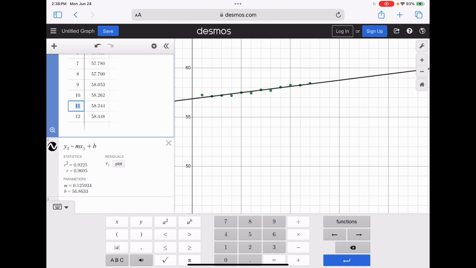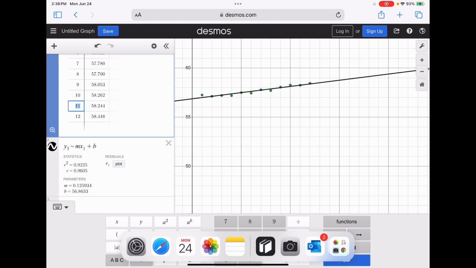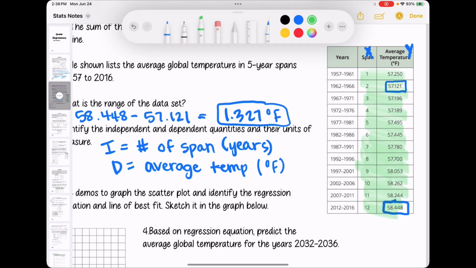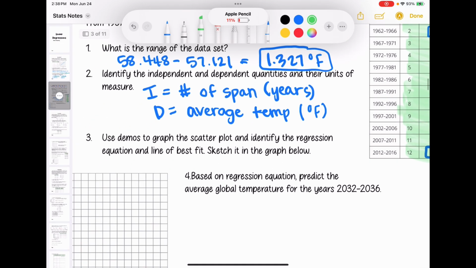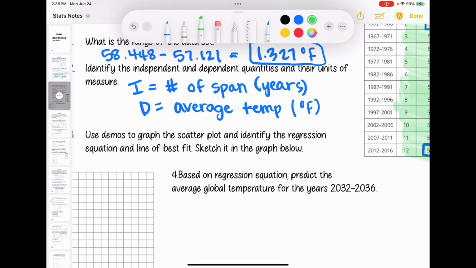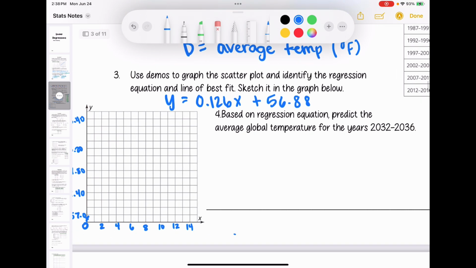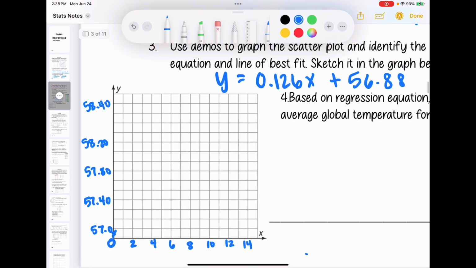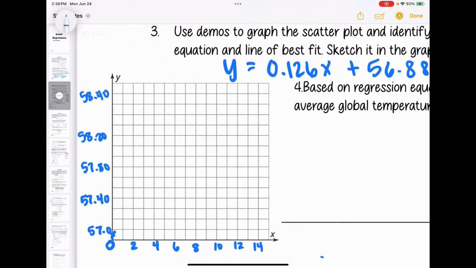So now I'm going to go back and put those on the graph in our notes. All right, and then we should have it graphed right here.